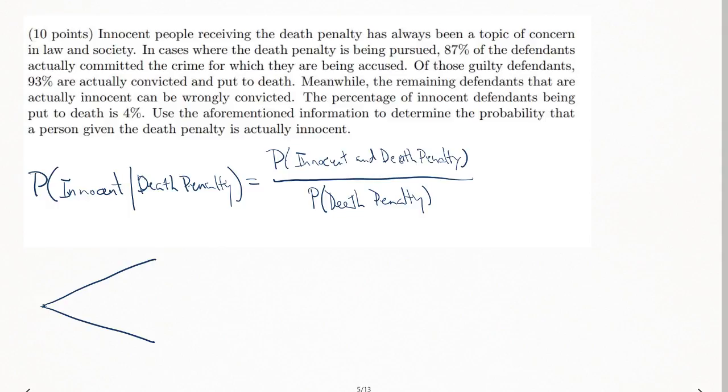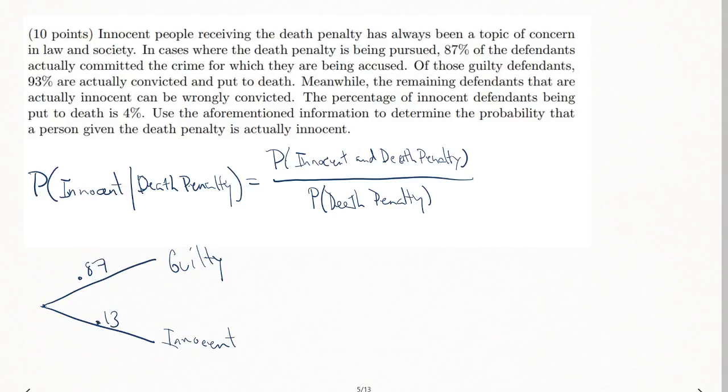So what does that mean? Well, it means they're either innocent or guilty. So in terms of drawing our tree, if they committed the crime, they're technically guilty. So that means 87% of those. So we'll put a 0.87 there. And that means the remaining portion would be innocent. And this is our first step, 0.13.